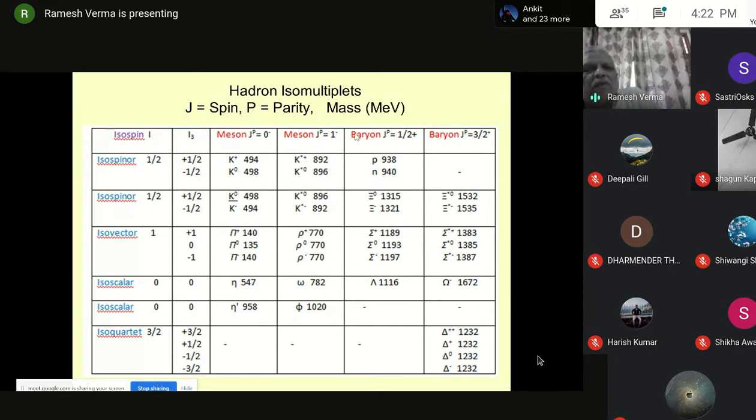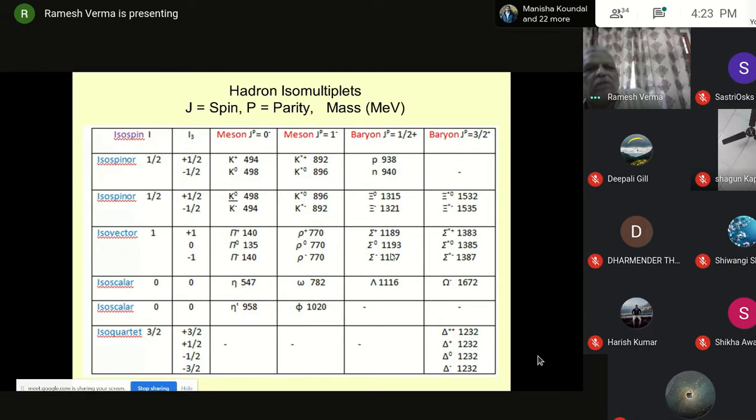Coming to the family of baryons, an isodoublet is formed by the cascade particle, also known as the Xi particle. They carry charge: Xi 0, neutral, and Xi minus, with mass around 1315 and 1326, not bad. A difference of 6 MeV among 1300 is not much.